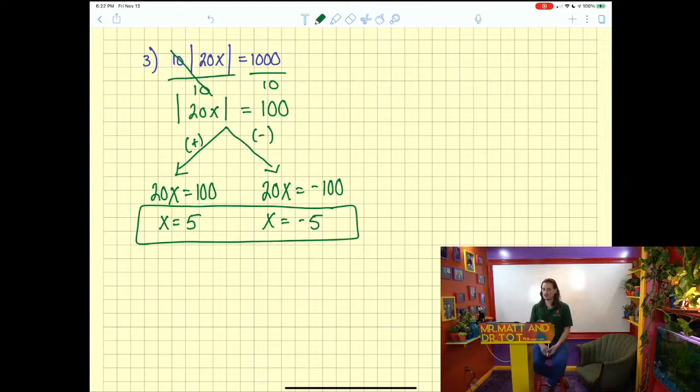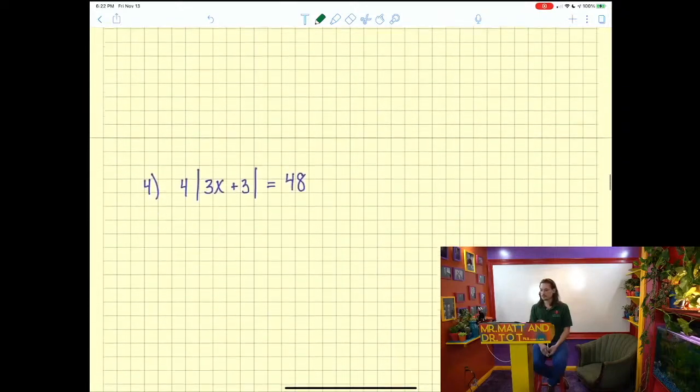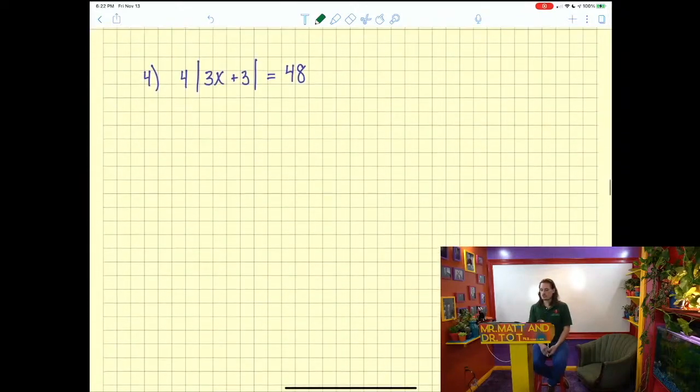Otherwise, let's take a look at question number 4. Question 4 says 4 times the absolute value of 3x plus 3 is equal to 48. I'll give you 3 minutes and then we'll go through the solution.